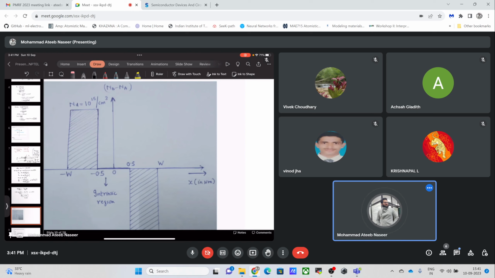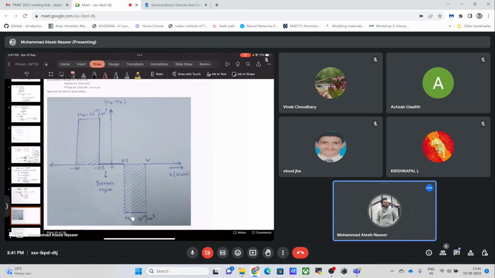Similarly, whenever we have used acceptor atoms, it would make ND minus NA negative, as a result of which we will be having a peak in the negative half of this graph.